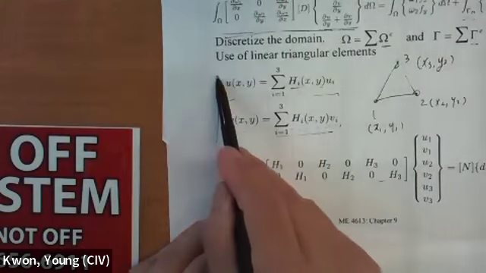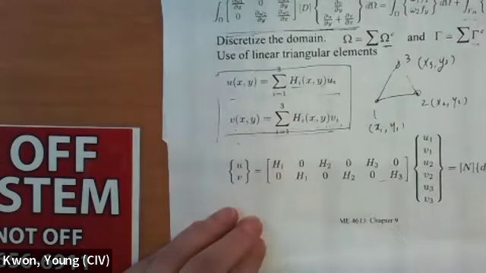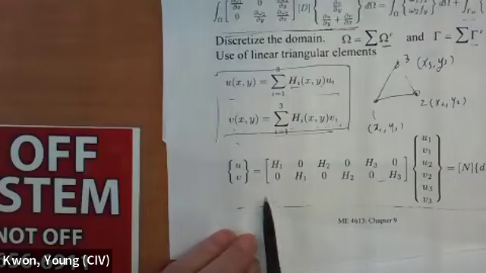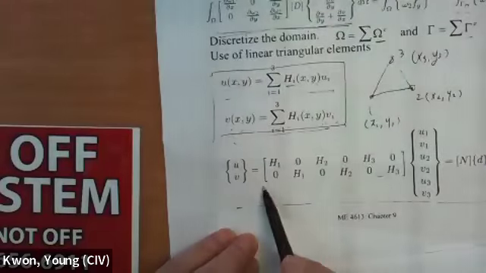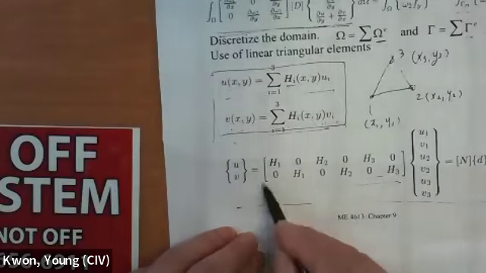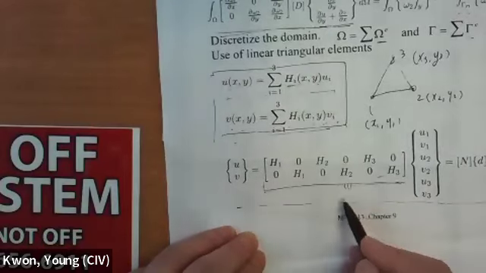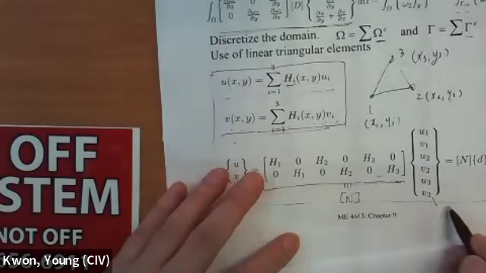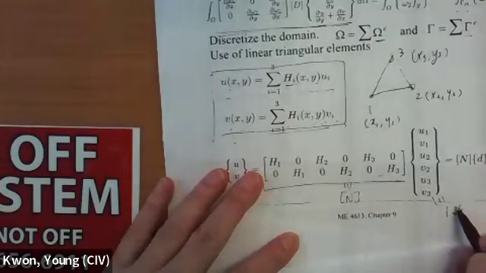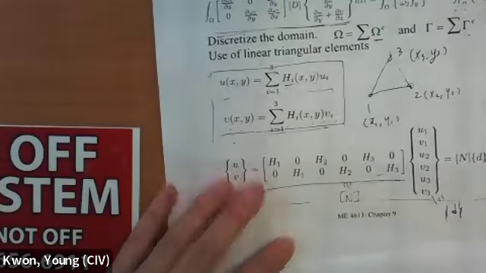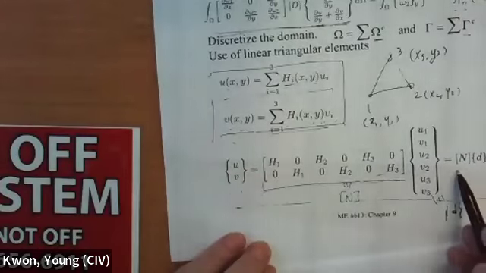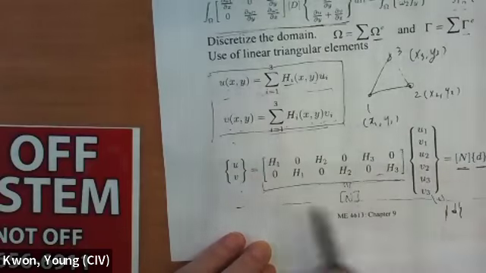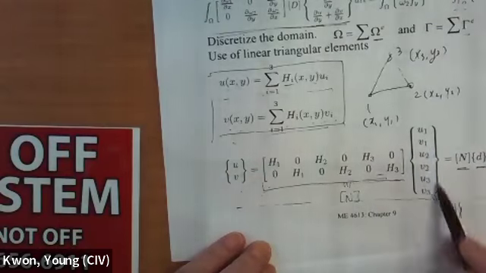So these two sets of equations are rewritten in this matrix form, and this we call matrix N. This column vector is defined as matrix D, like a displacement vector. So then UV is N times D, matrix N times column vector D.